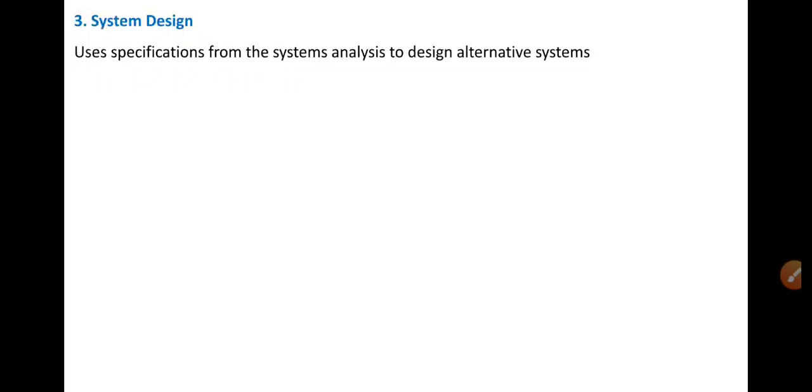See, system design is nothing but the stage where the system's blueprint is created. The technical architecture is designed, which includes telecommunications, hardware and software suited for the system. In this step, the information technology specialist is going to design an information system, which is nothing but a blueprint in which they are going to develop the information system.